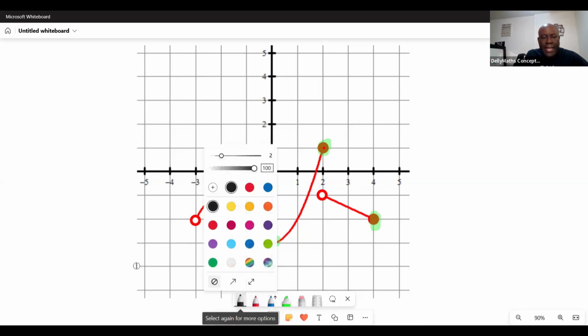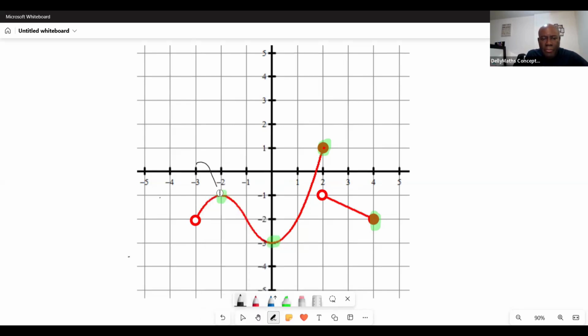So we're going to be looking at the first case, which is this right here. We're looking at a relative maximum. And why do we call that a relative maximum? If we go to the left of it, we have values that are lower than it. And if we go to the right of it, we have values that are lower than it.